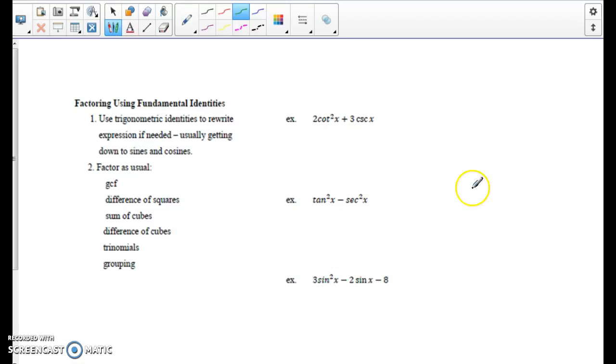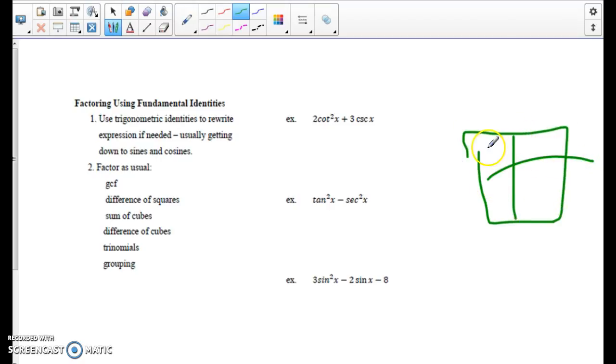Now, the third example, since I ran out of room, oh, that looks like a trinomial, and it's just sines. How beautiful is that? Area model. This is 3 sine squared. This is -8. The 2 boxes here need to add to be -2. So I say to myself 3 sine and then sine.